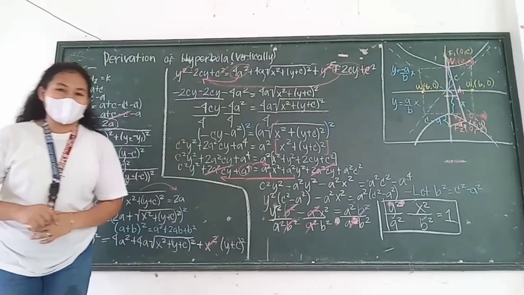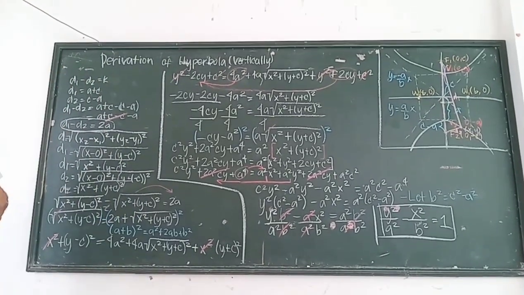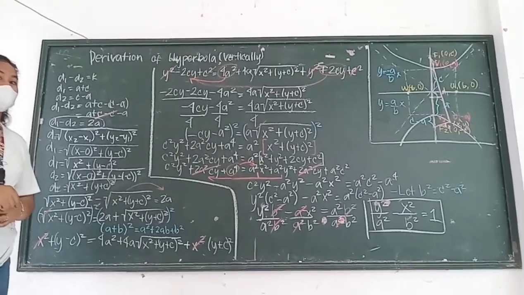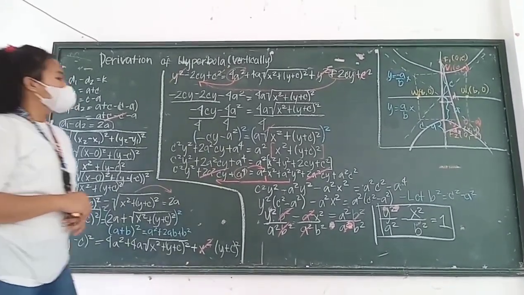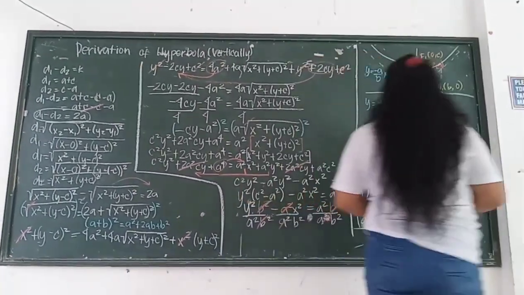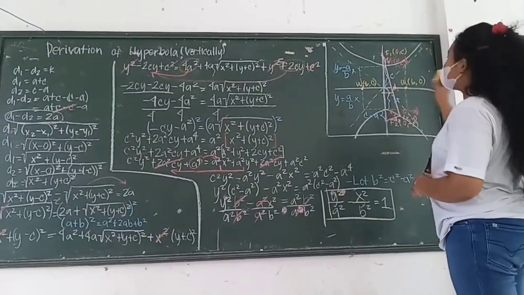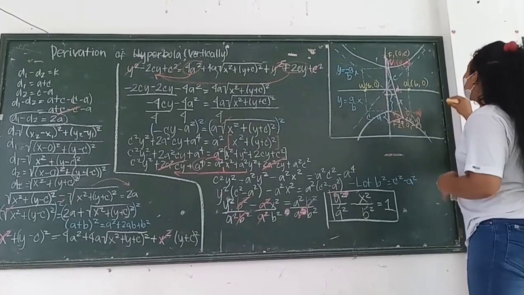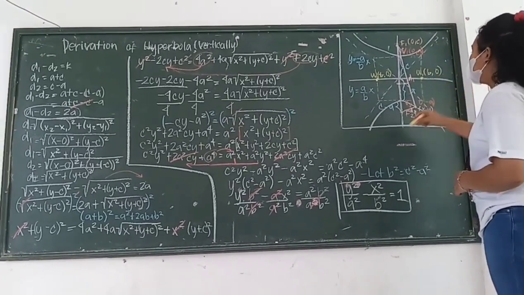So hello again, I'm going to show you how to derive the equation of hyperbola vertically. So let us determine first the parts of the hyperbola vertically.